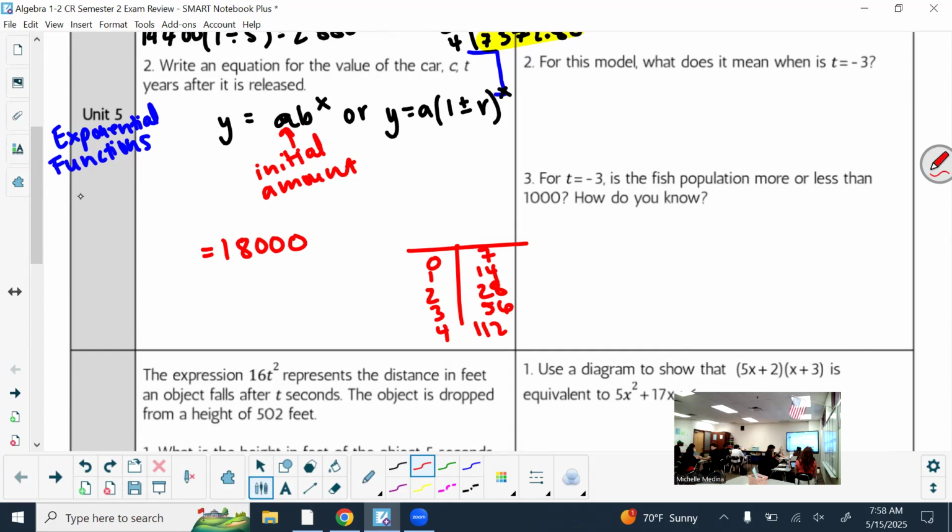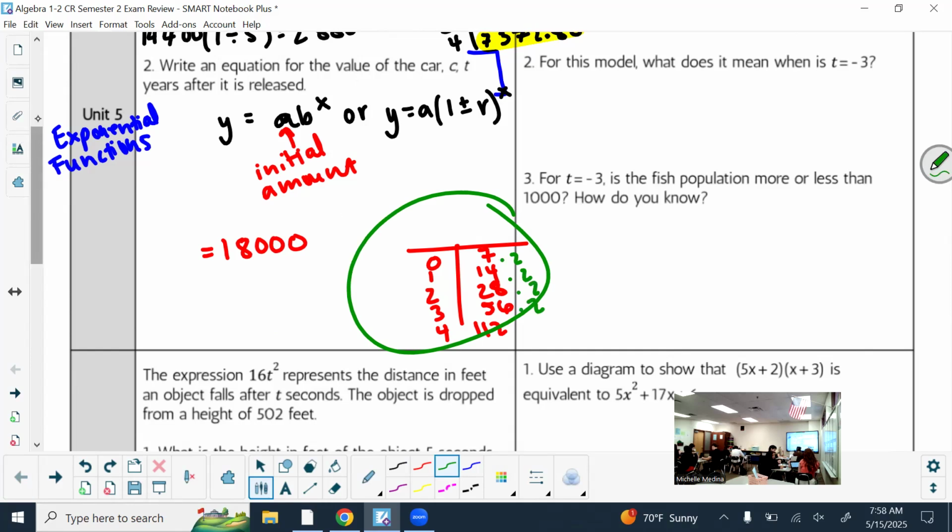I promise I taught it to you, or you can easily look it up. What is b for an exponential function? They're common factors. So in this random example I made up down here, what would be my common factor? 2. That's what I'm multiplying by each time.